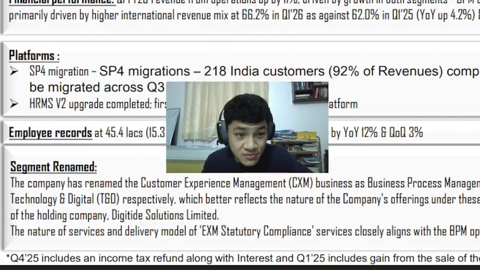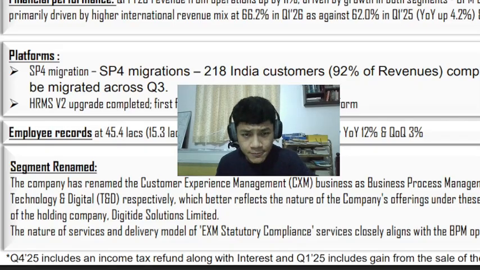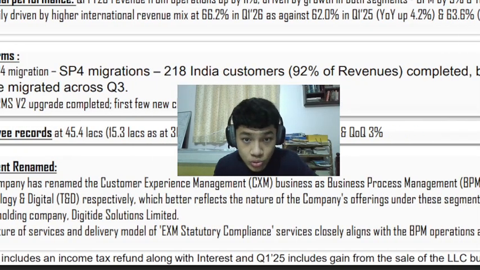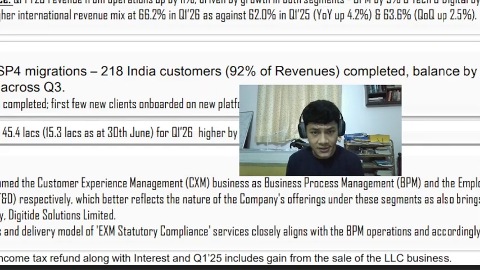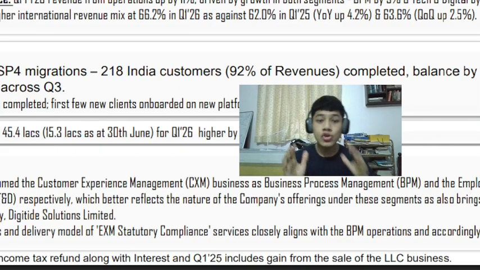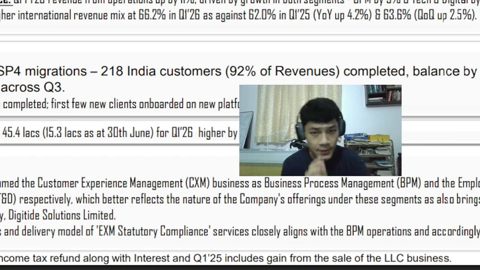This segment is now known as business process management, or BPM. All the financials we're going to take a look at are named business process management. They used to be named customer experience.